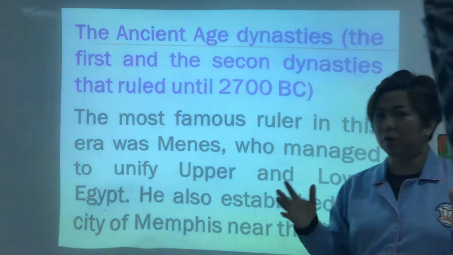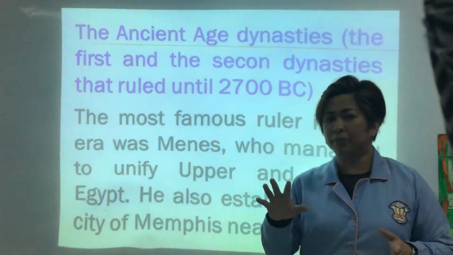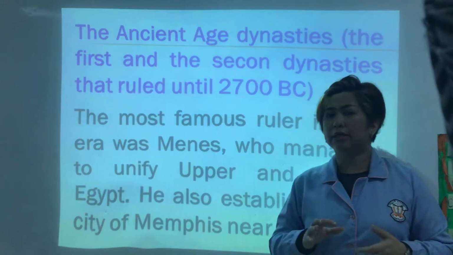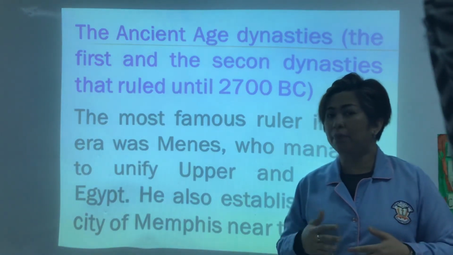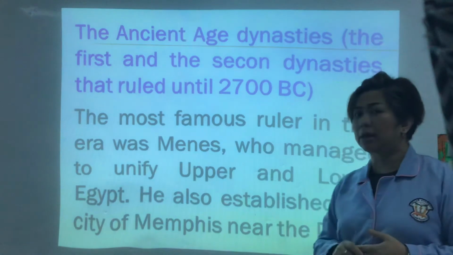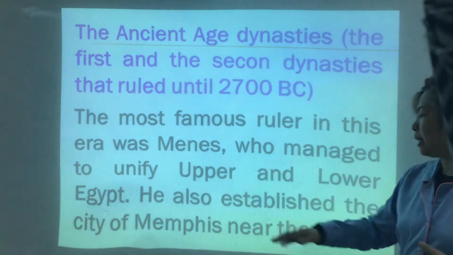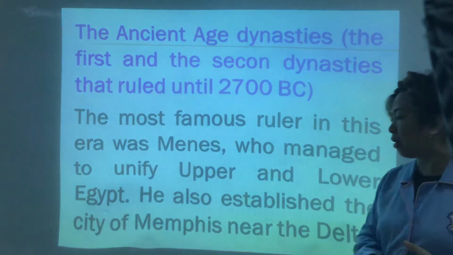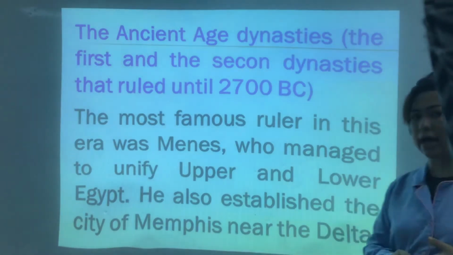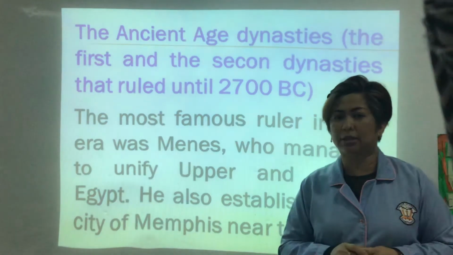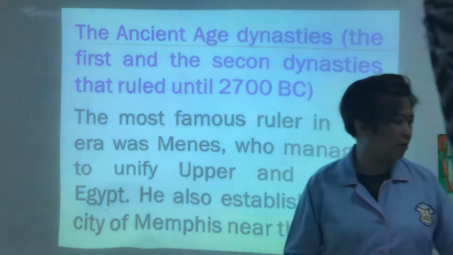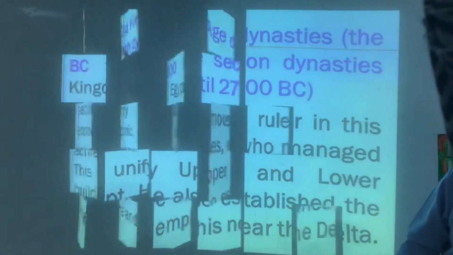You know already that the lower part and upper part run from the southern part to the northern part up to the Mediterranean Sea. He also established the city of Memphis near the delta. Now let us have the next one.